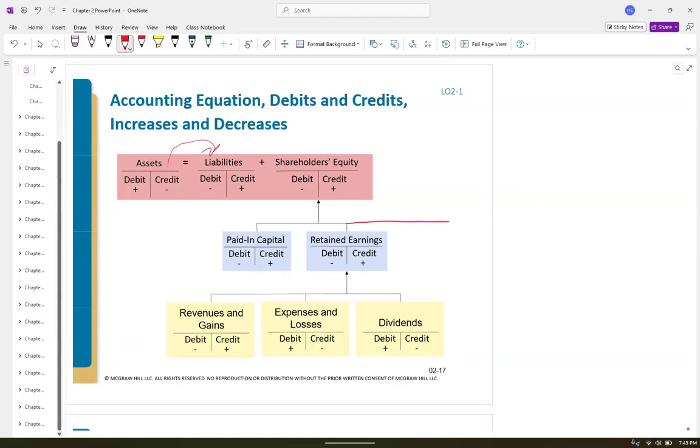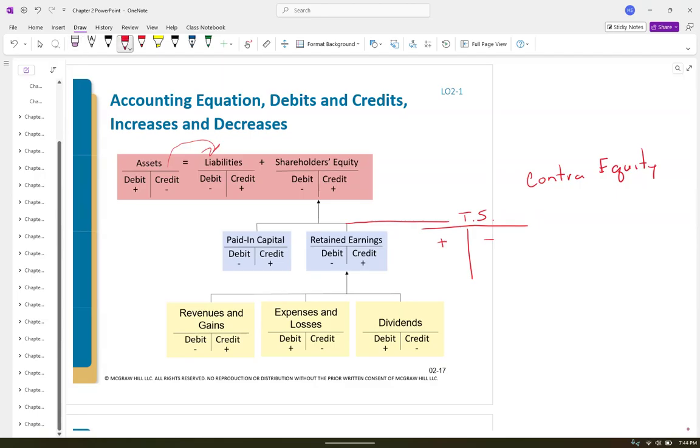And just so you don't get confused, I'm going to go ahead and add treasury stock in there, because treasury stock is a contra equity account. So it will actually have a normal debit balance, because it's going to ultimately make stockholders' equity go down.